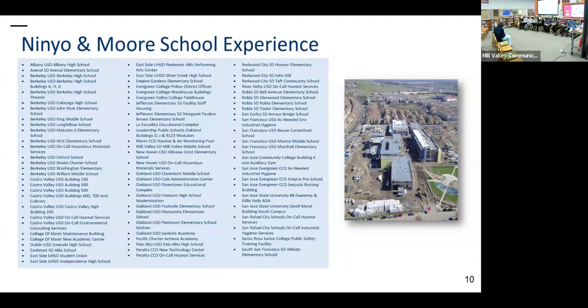We're currently under contract for 2 of the 10 largest school districts in the nation, those being LA Unified School District and Houston Independent School District. We're also under contract with San Diego Unified School District, which is the second largest school district in California behind LAUSD. So lots of school experience. Next slide, please.